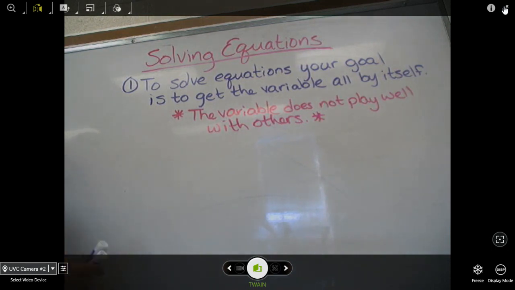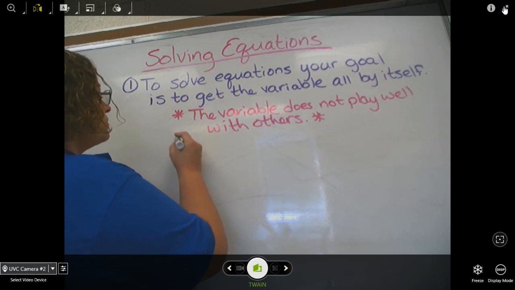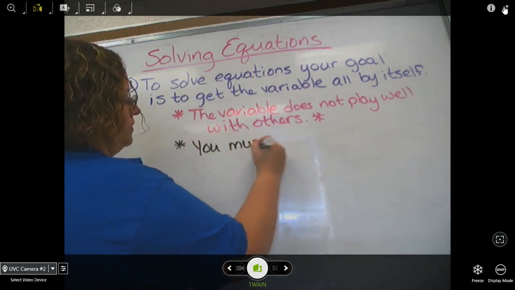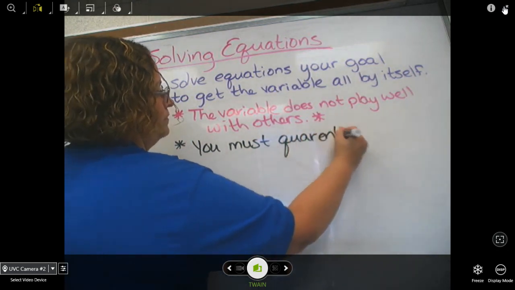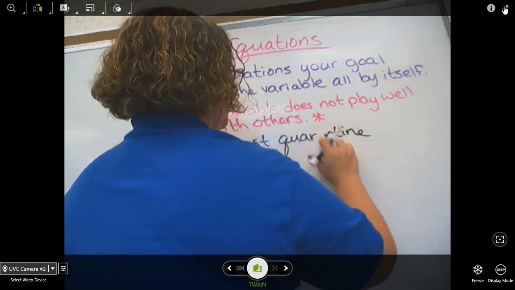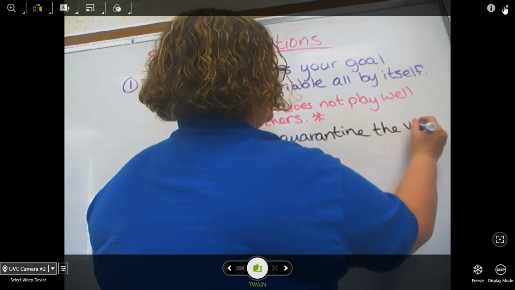Or in today's terms, what we're going through right now, we could say that you must quarantine the variable. I think there's an A there. I think I misspelled it. You must quarantine the variable.